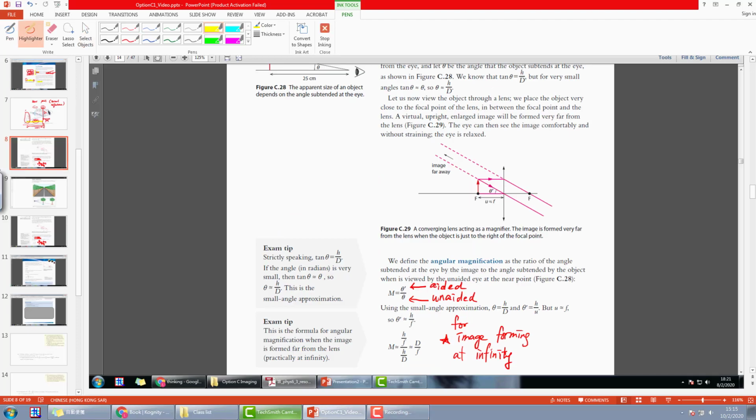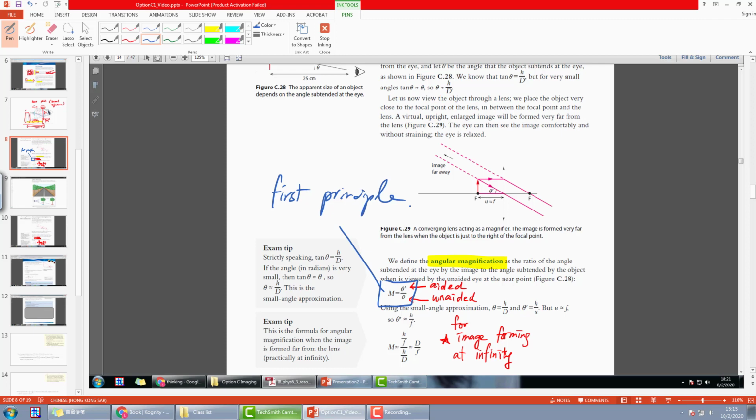Now we have to first talk about the basic definition of angular magnification. We may also call it the first principle. Similar to when you learn differentiation, there is a first principle of differentiation as well.